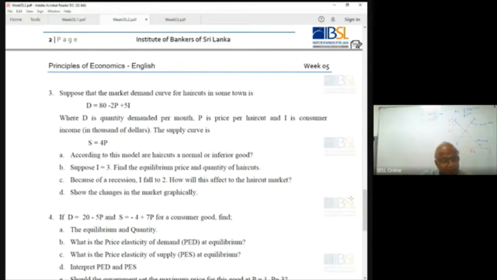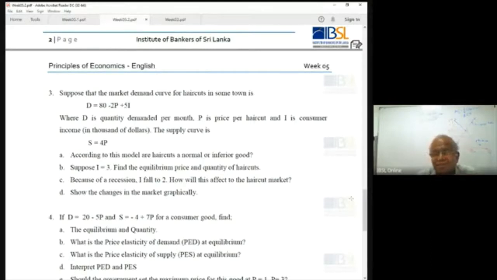Now, looking at this demand curve, what kind of relationship is there between income and demand, positive or negative? Plus 5, the plus sign is there.